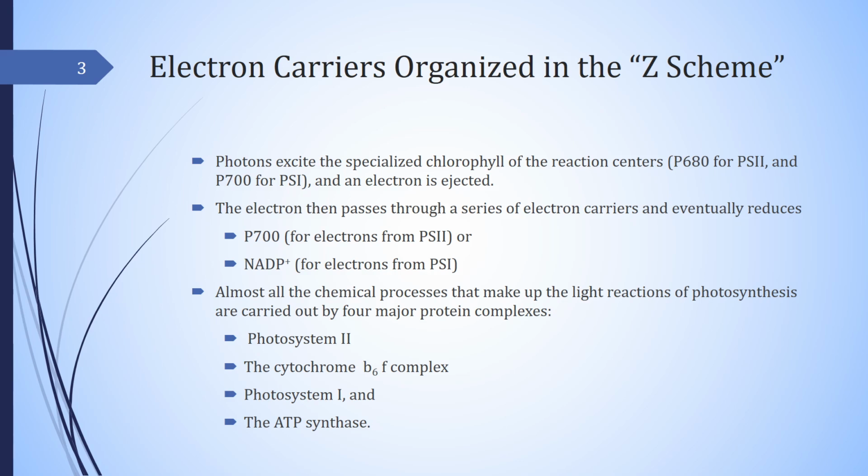Almost all the chemical processes that make up the light reactions of photosynthesis are carried out by four major protein complexes: photosystem 2, the cytochrome b6f complex, photosystem 1, and ATP synthase. These four integral membrane complexes are vectorially oriented in the thylakoid membrane to function as shown in the figure.